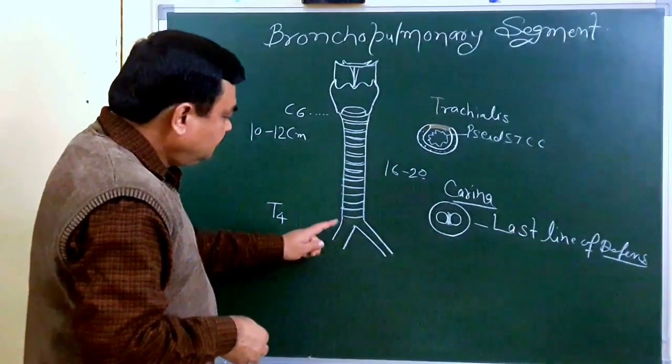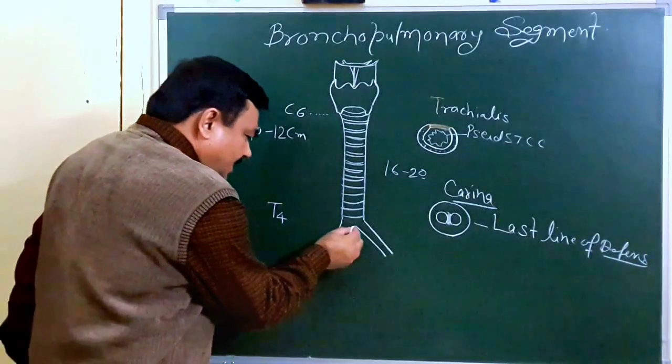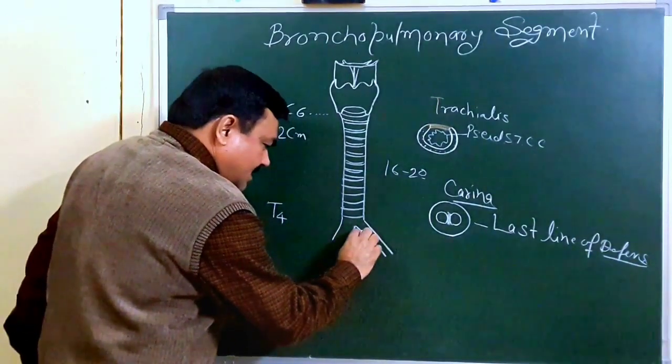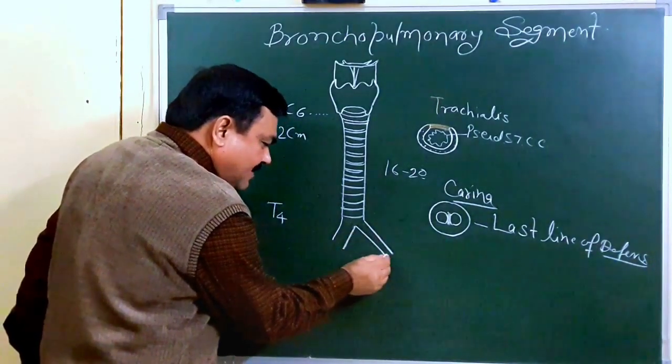After this, you can see this is the right principal bronchus and this is the left principal bronchus.